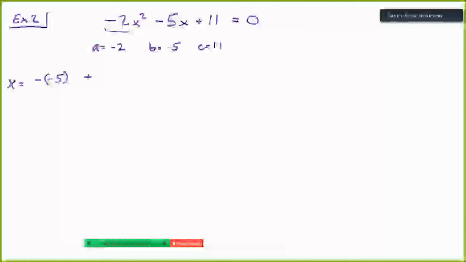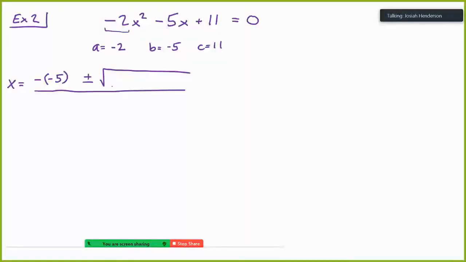And that'll simplify, but I'll do that in the next step. Plus or minus square root of b squared, so that's going to be negative 5 squared, minus 4 times a, that's negative 2, times c, which is 11. All divided by 2 times a, which is 2 times negative 2.